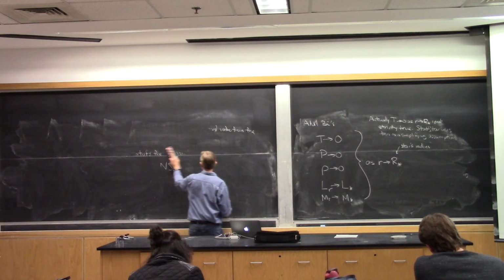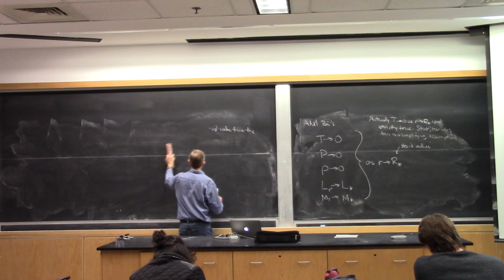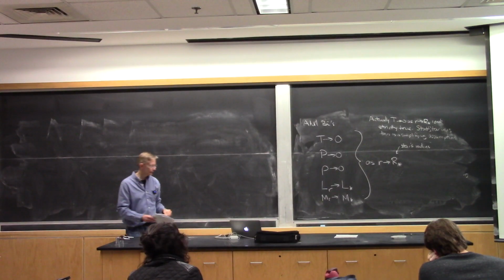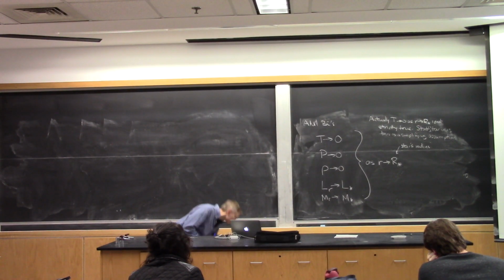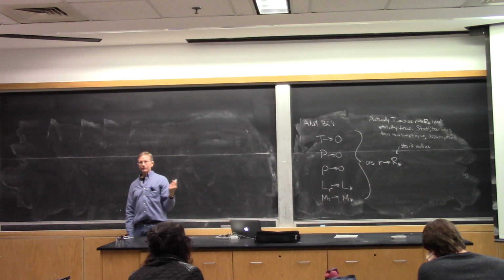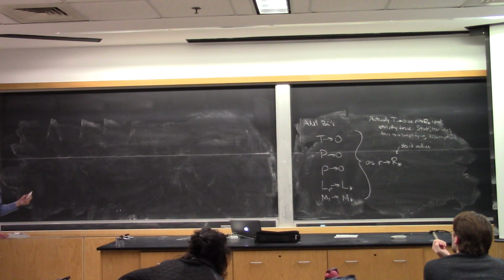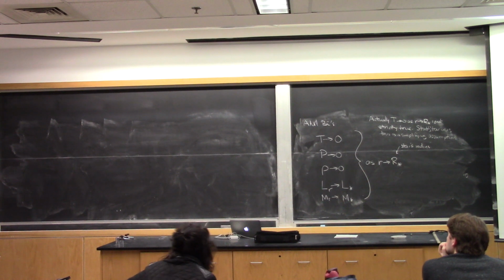And what we will generally find is if you start out with some set of values at the surface and integrate inwards, you get to the center and L sub r and M sub r aren't 0 at the center, and so it's womp womp, you can't take that solution.